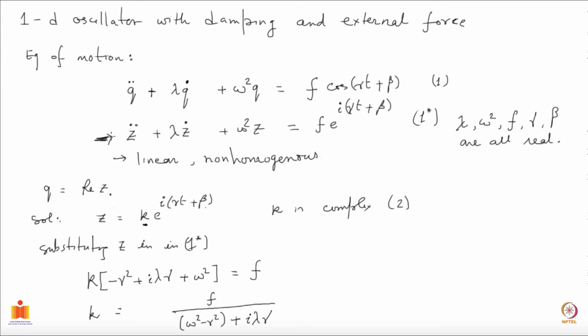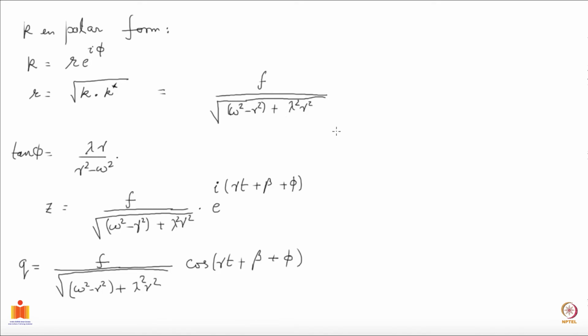Now if I add to this solution corresponding to the homogeneous equation, if I put the right hand side to be 0, that will also be a solution. So let me be more precise: this is not the final solution.